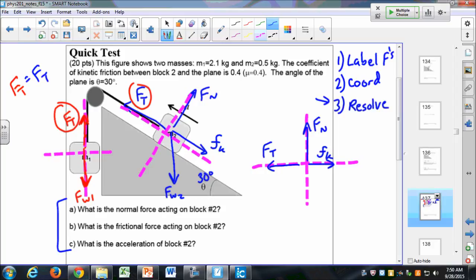I'll have an x and a y component of Fw2. I recommend that you just keep variables here and not put in numbers yet. It'll help you not make mistakes as you go along.